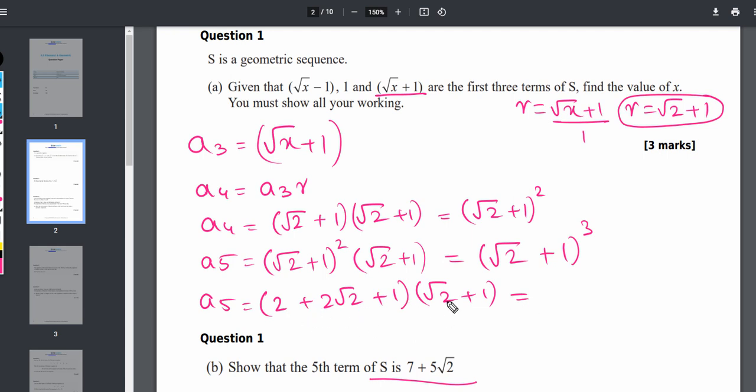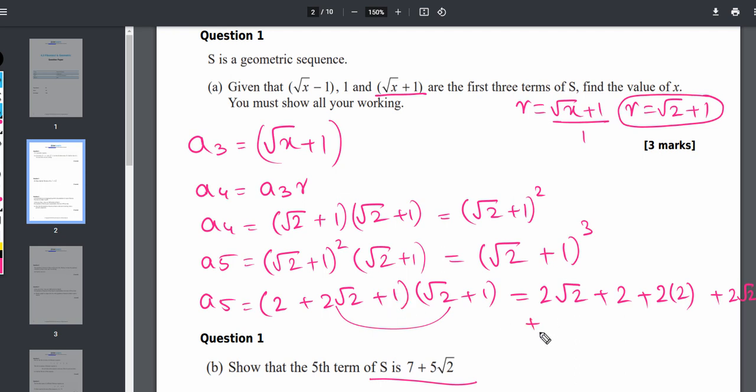Now I'll expand this one. So 2 root 2 plus 2, plus this term times this term. It'll be like 2 root 2 times root 2, so it'll be like 2 times 2, plus 2 root 2.